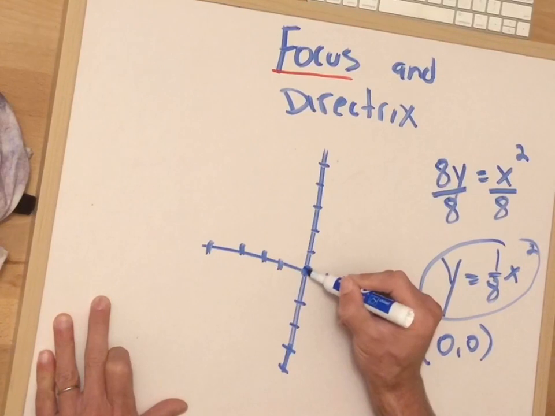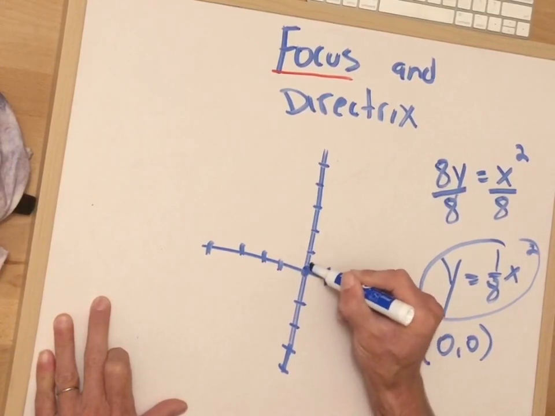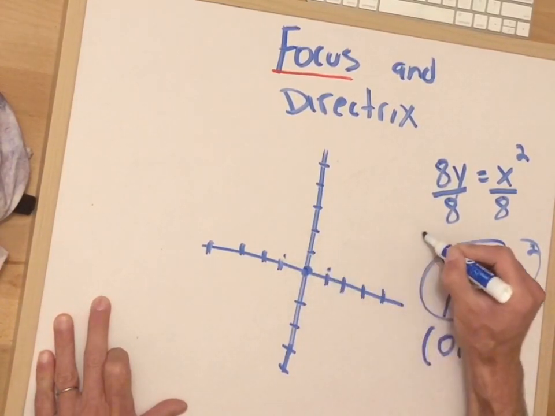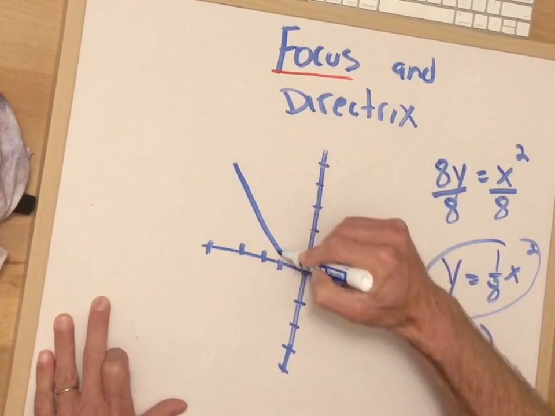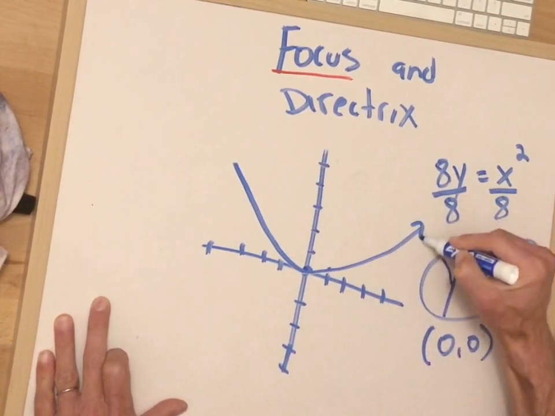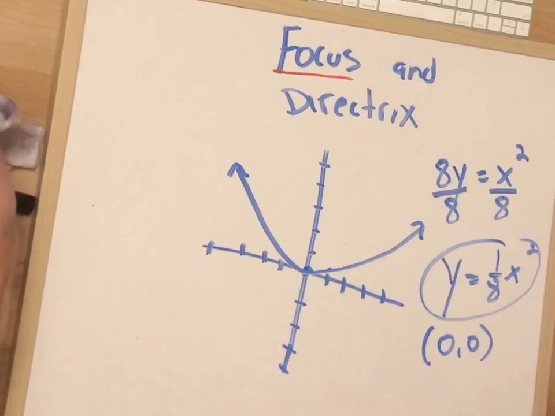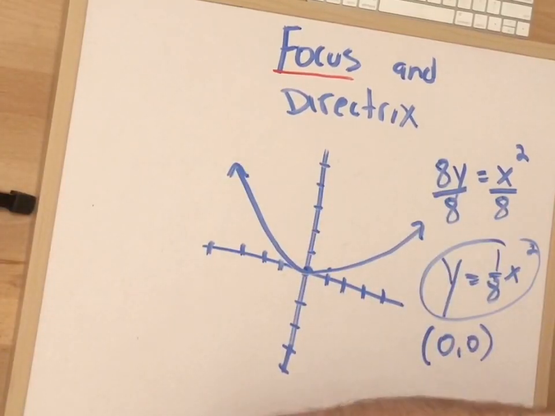And I would go up 1/8 and then over 1, up 1/8 and then over 1 initially, and then I would kind of guesstimate what that quadratic is going to look like. Okay, so there's my quadratic. Now I give you an equation for the focus.